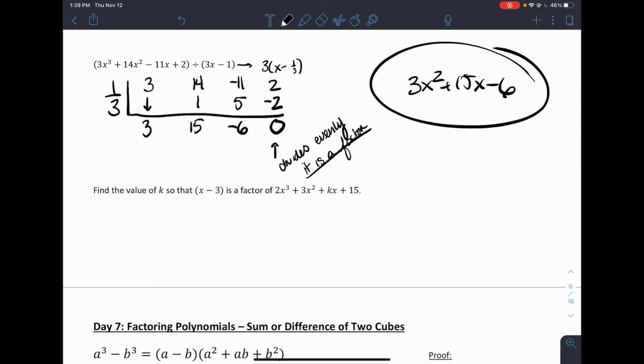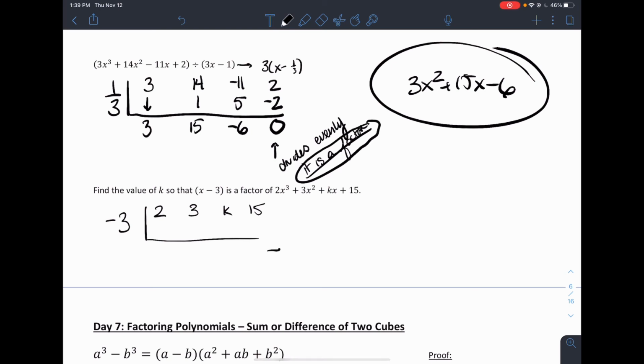Lastly, if I want to find a value of k such that x minus 3 is a factor of 2x cubed plus 3x squared plus kx plus 15, I have negative 3, 2, 3, k, and 15. If something is a factor, then the remainder, like we just said, should be 0. You can do this in two ways. The first way is you could just do the synthetic division.